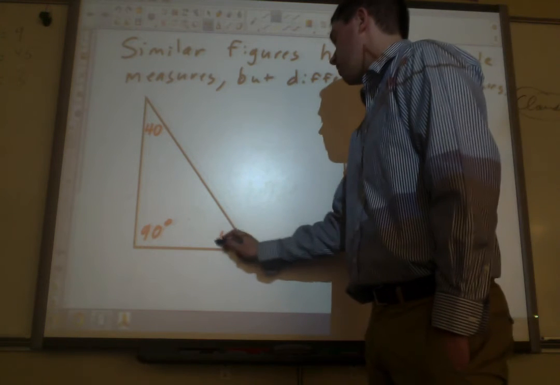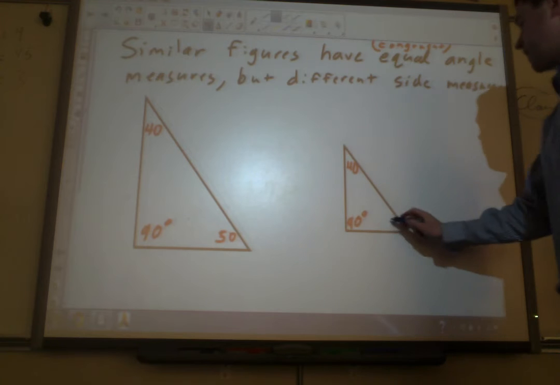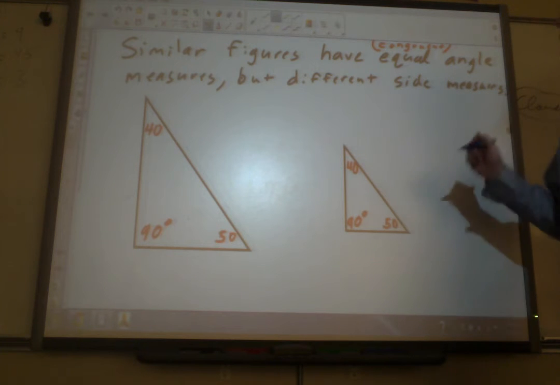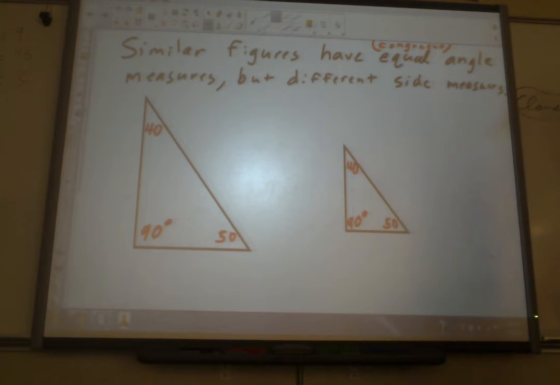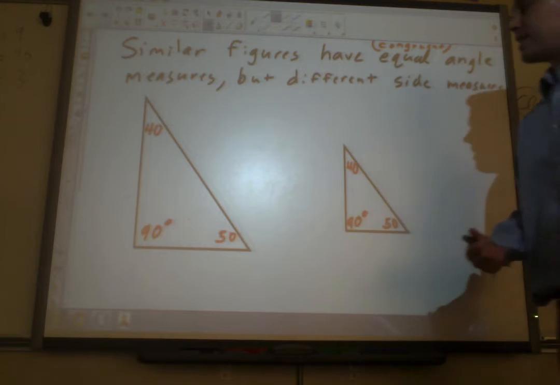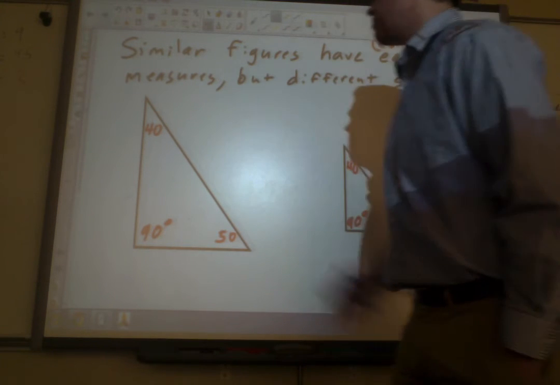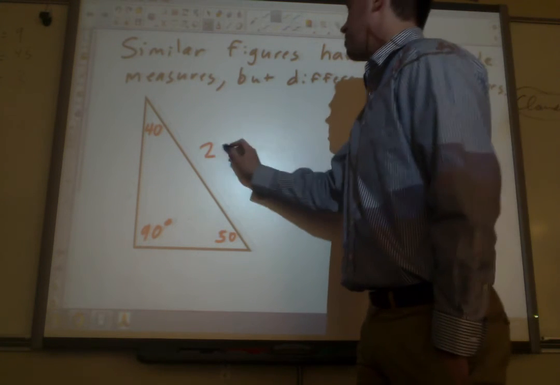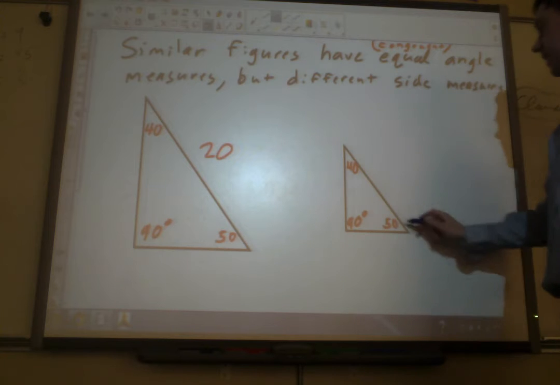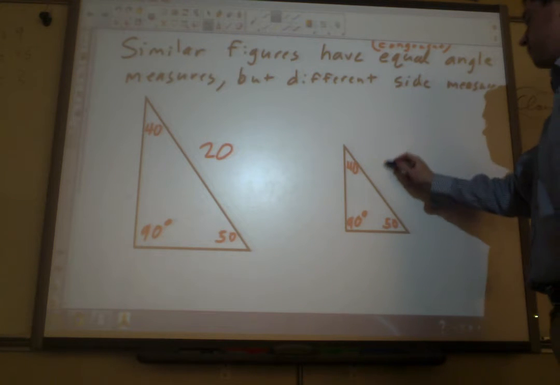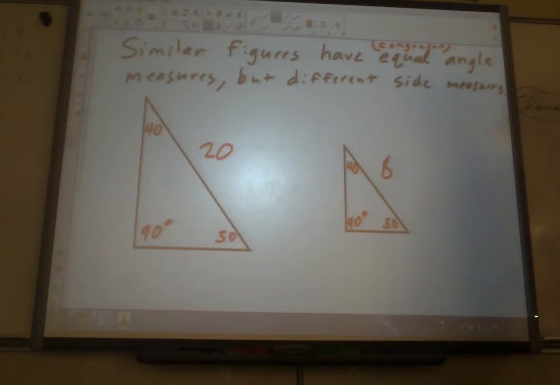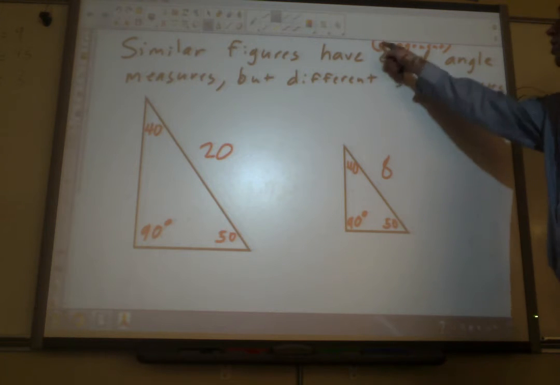And if this one then is 50, this angle's got to be 50 in order for them to be similar. So the angles all have to be exactly the same, but the side lengths can be totally different. This might be 20, and this side length might only be 8 or something like that. So the lengths can be different. The angles have to be exactly the same or congruent.